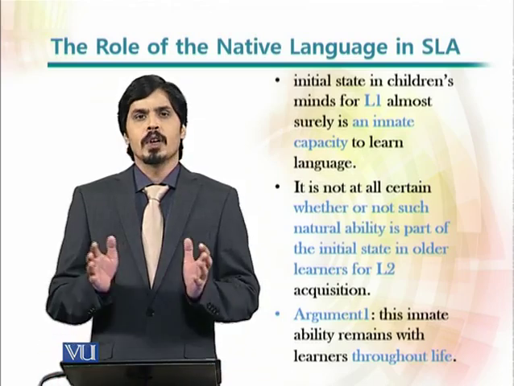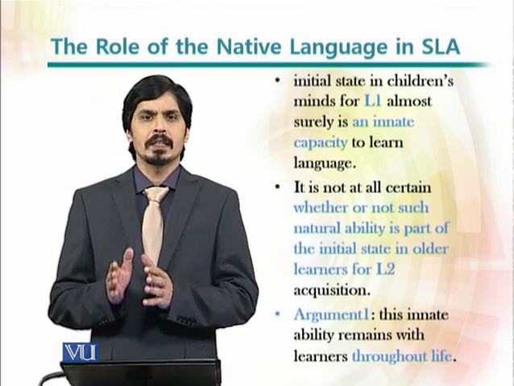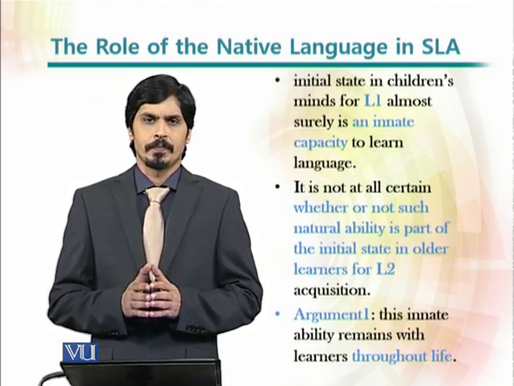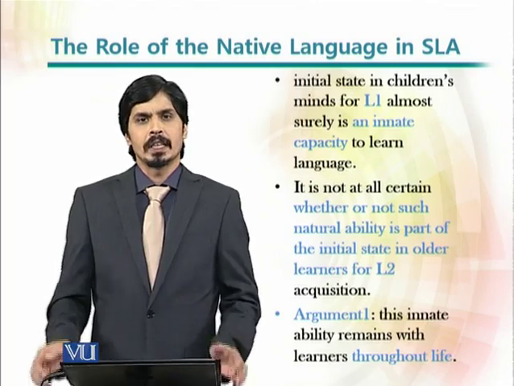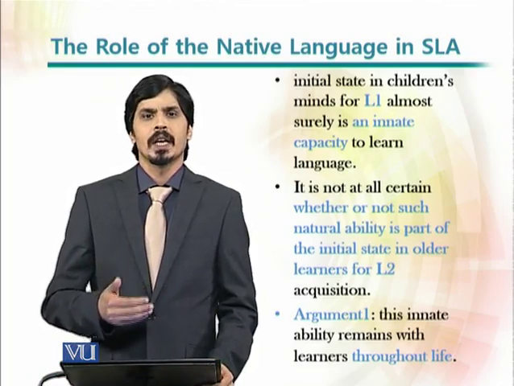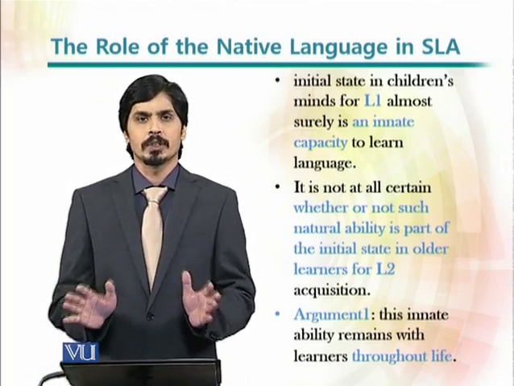But we are not clear at the moment whether that innate ability is still relevant to the learning of a second language. Is that innate ability still available when we are grown up and attempt to learn a second language? Well, these are important questions to be answered.